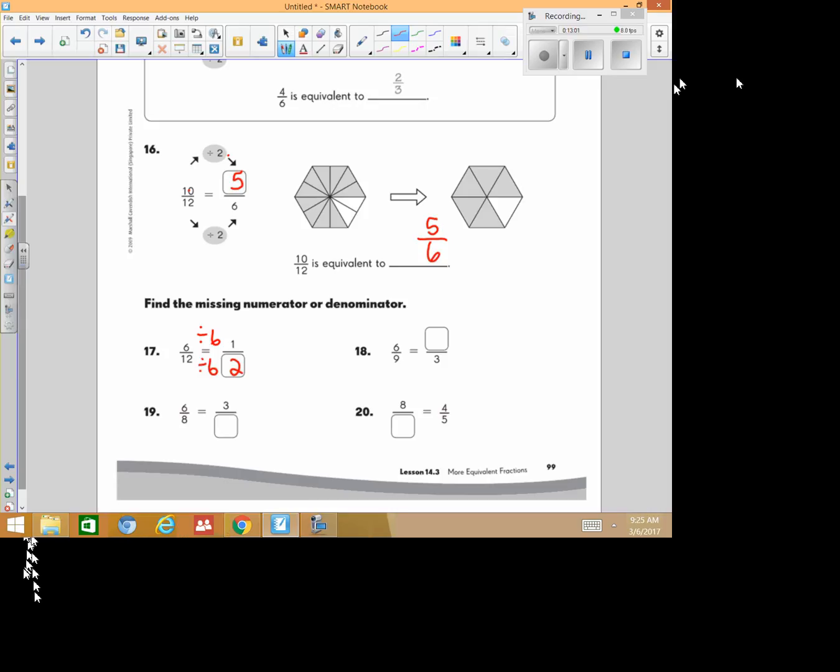No. 9 divided by 9 gets me 1. Okay, let's start by counting by 3s. Count by 3s to get to 9. 3, 6, 9. So 3. So I divided by 3. It's okay, baby. So what is 6 divided by 3? Count by 3 to get to 6, right? Go ahead. 2. Yep.